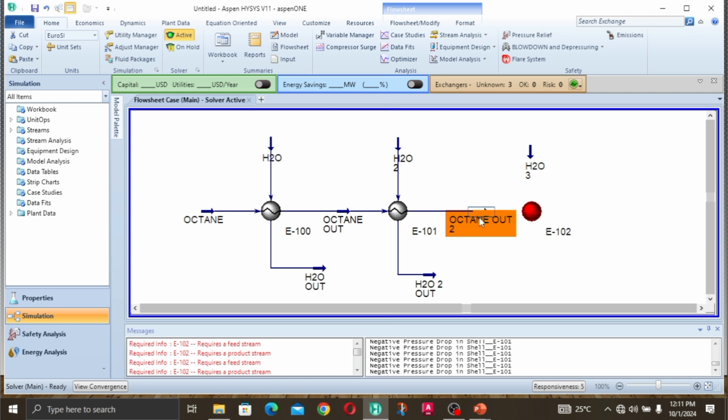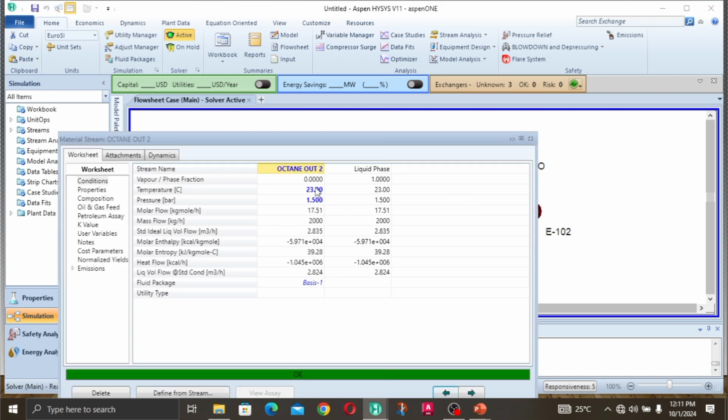Remember, the outlet temperature of Basaka's bowl currently is 23 Celsius. It dropped from 44.8 to 23.0 Celsius.